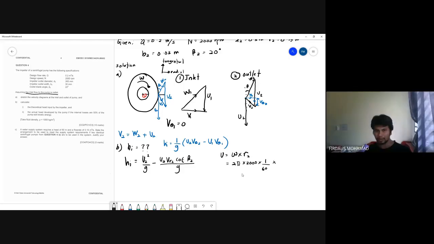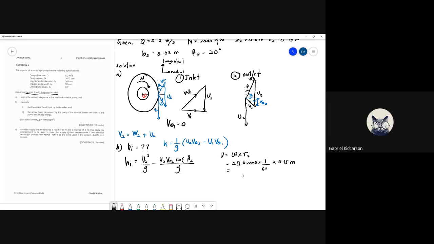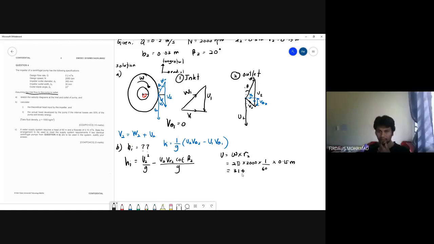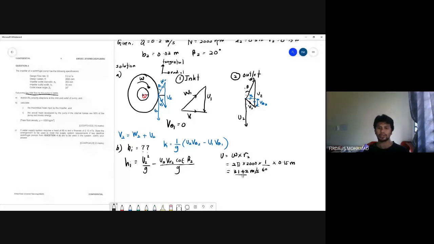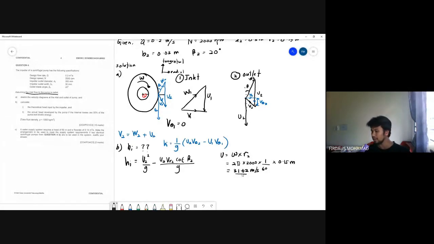Kali R2. So dapat apa? 31.4159. So semua dapat U equal to 31.42 meter per second.